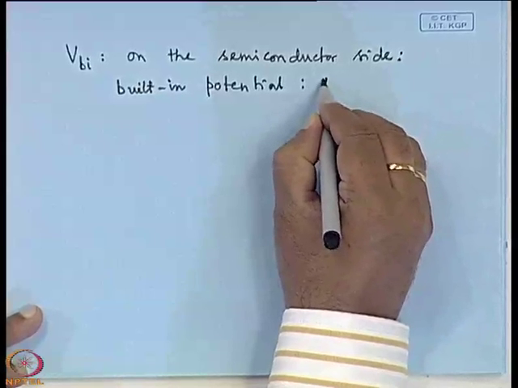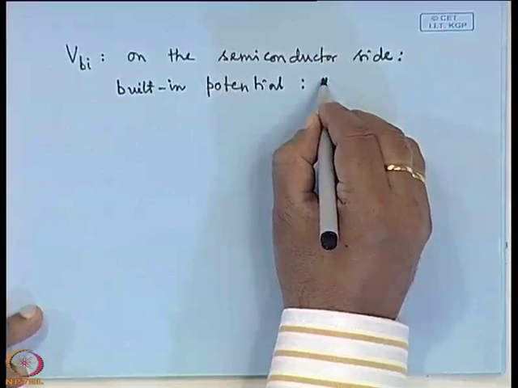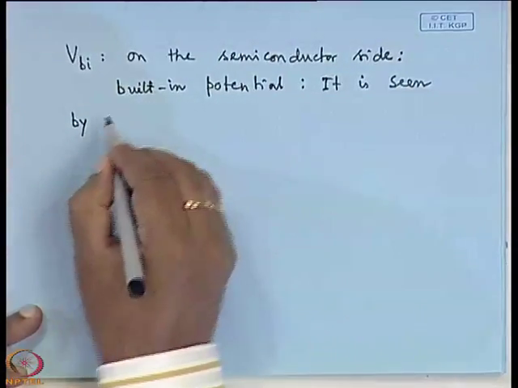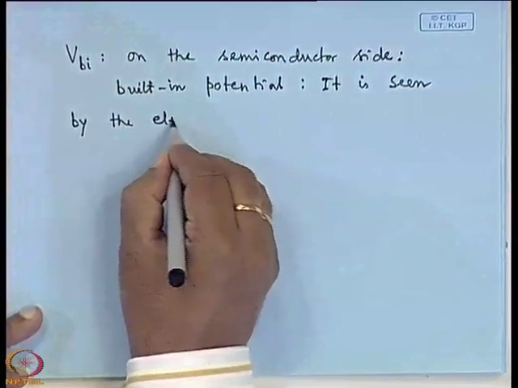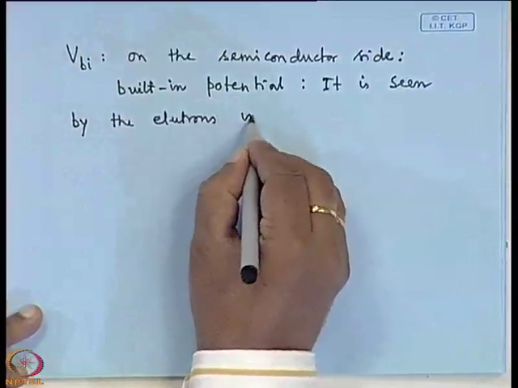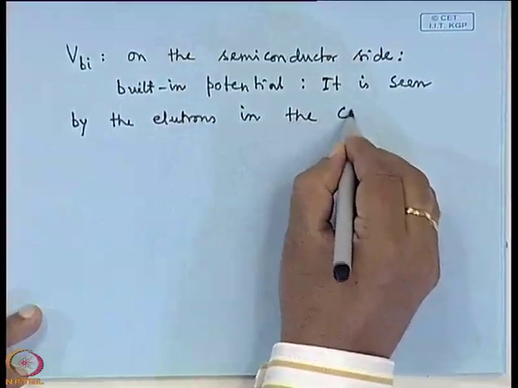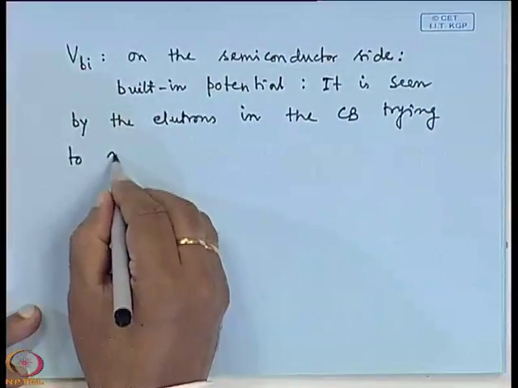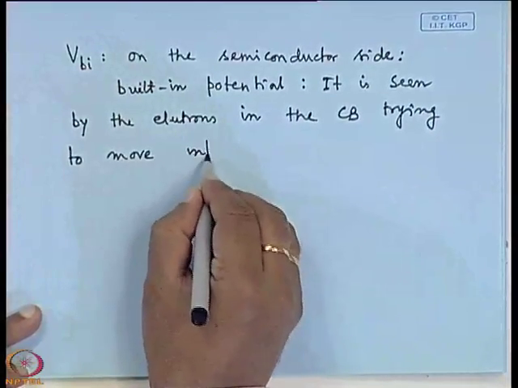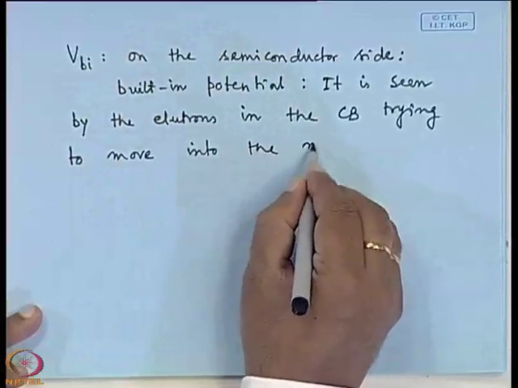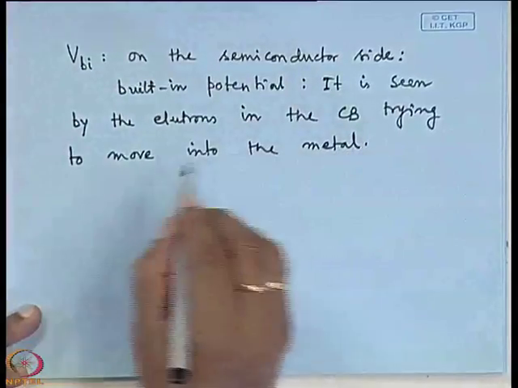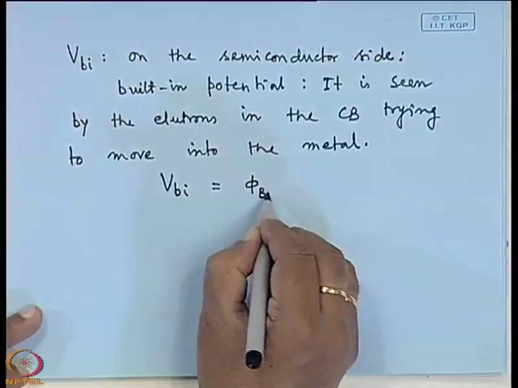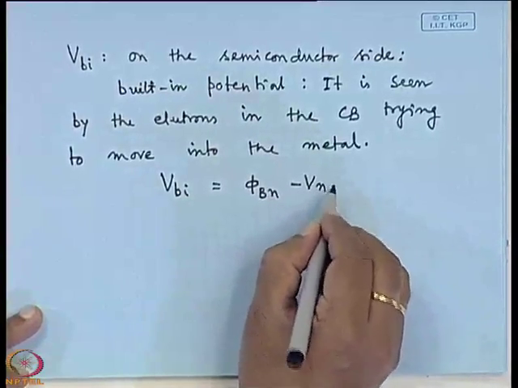It is an energy seen by the electrons in the conduction band trying to move into the metal, and this V B I is equals to phi B n minus V n.